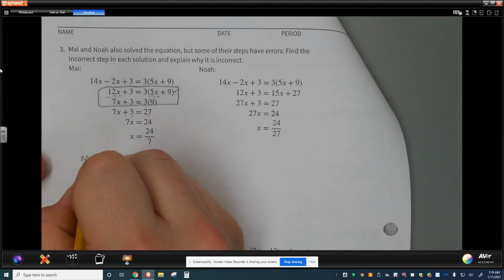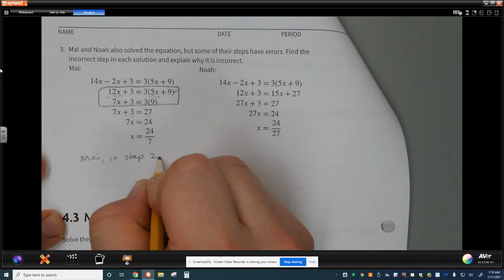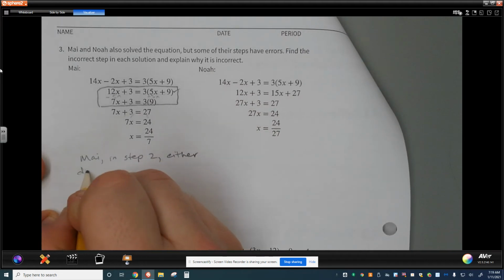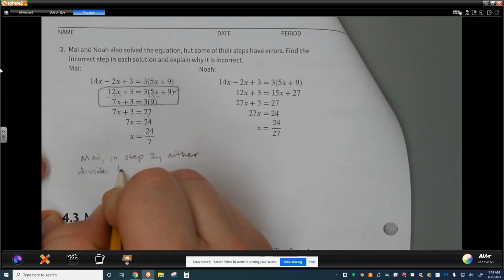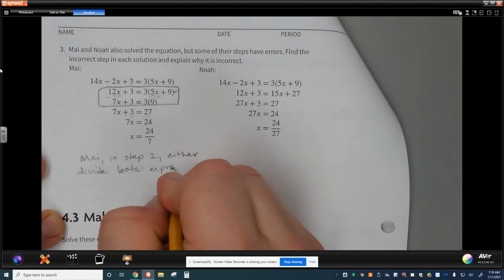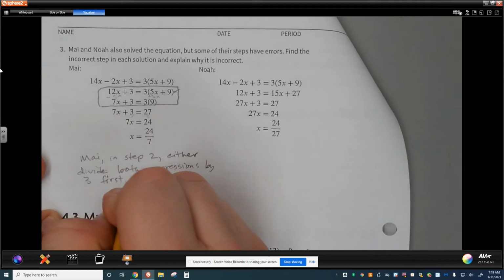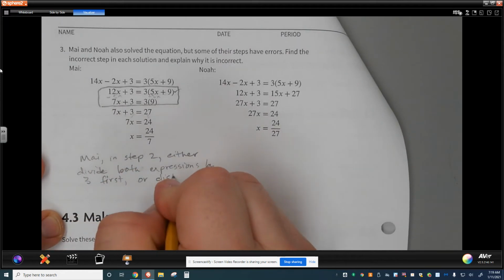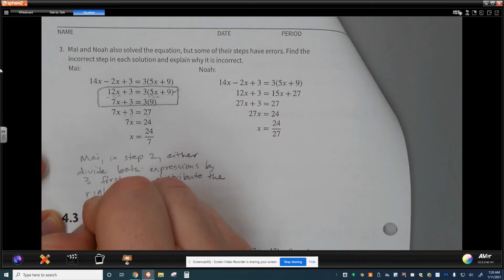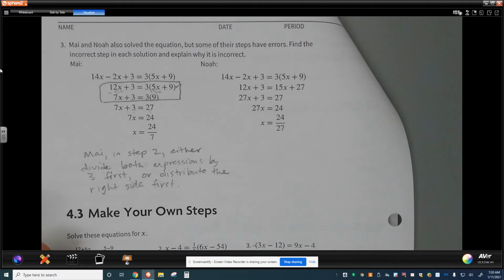So I would say this, May, in step 2, I would say either divide both expressions by 3 first, or distribute the right side first. Either one. Okay, she should have done one of those first.